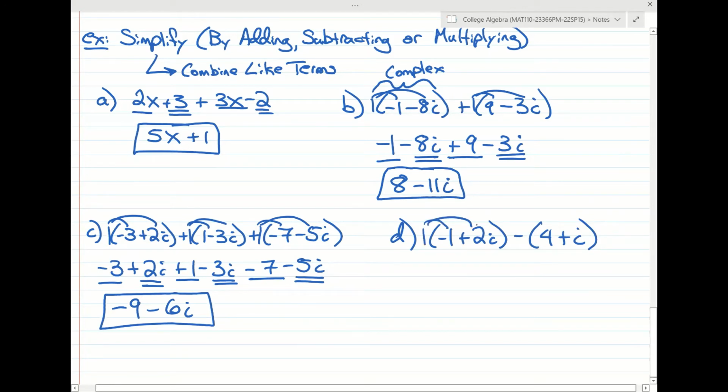For the first grouping, it's 1. For the second grouping, it's negative 1. We get negative 1 plus 2i minus 4 minus i. Combining like terms is negative 5 plus i.